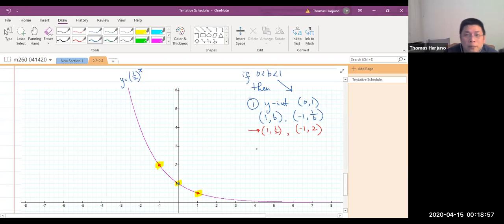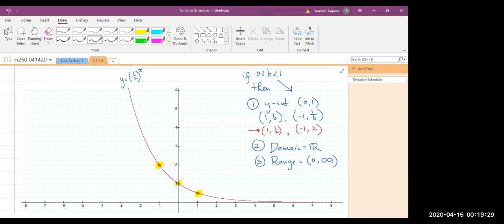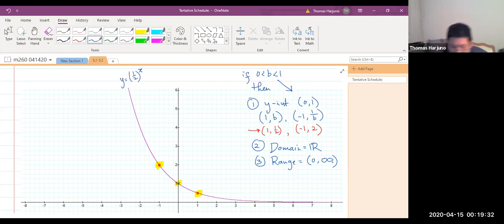Going back, the domain is still all real numbers. The range is still 0 to infinity. And then we have the horizontal asymptote, y equals 0.